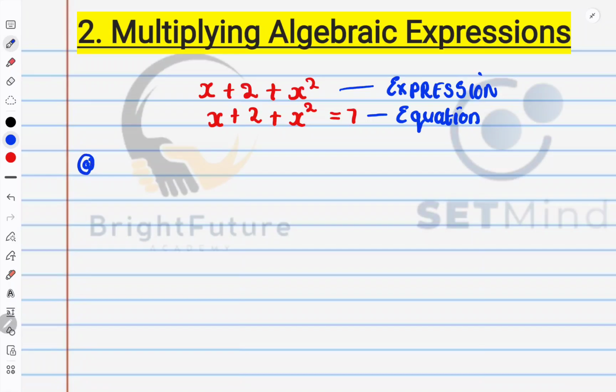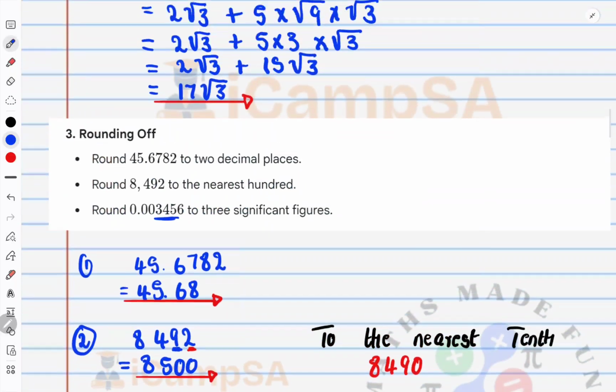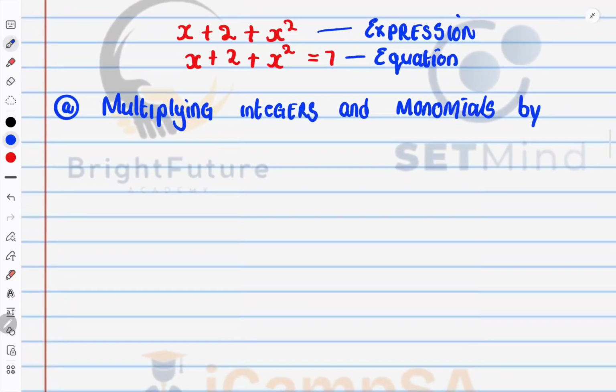Maybe for our A, we will be multiplying integers and monomials by polynomials.